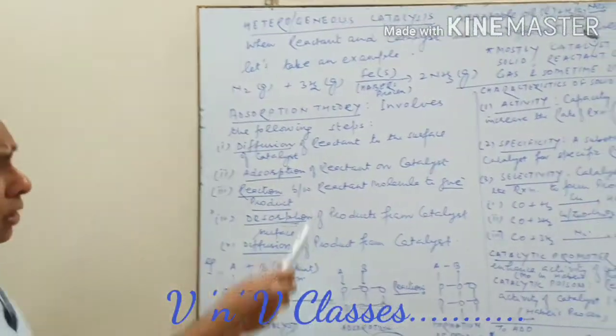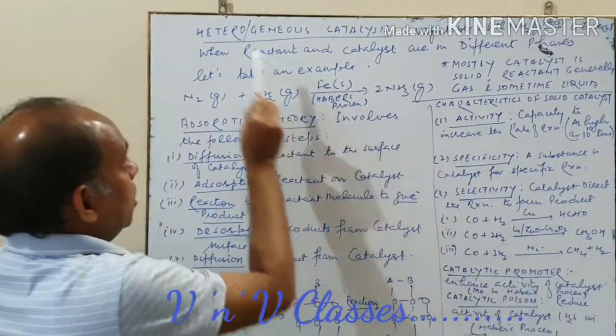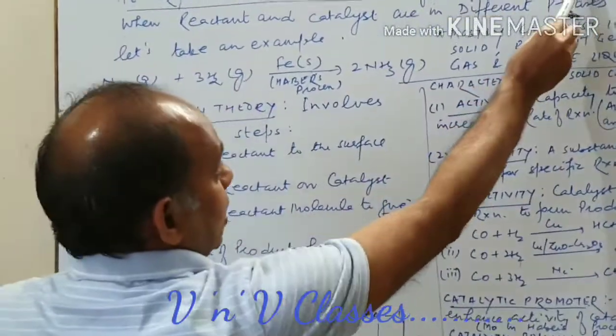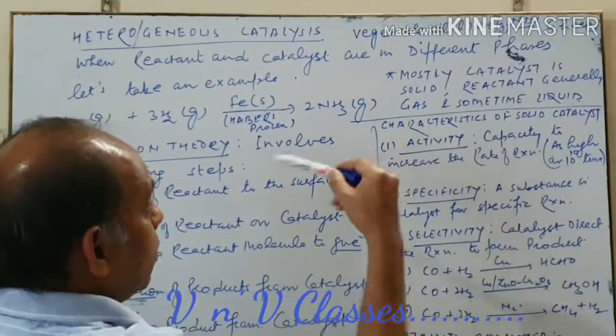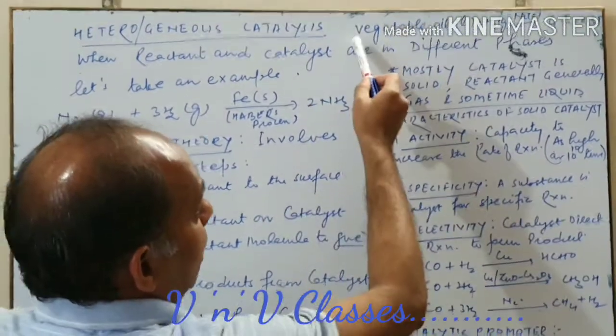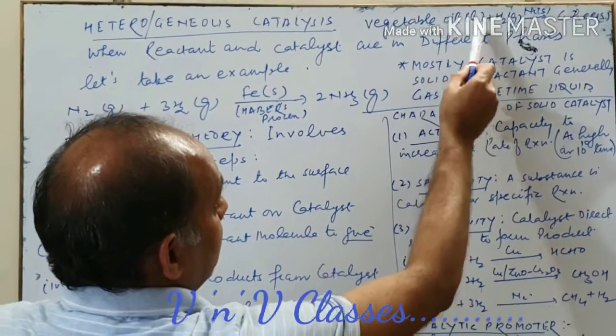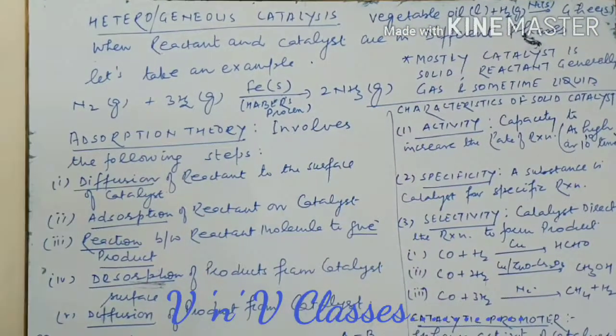So what I mean to say is, as I told you, the catalyst in heterogeneous catalysis is generally solid, reactants mostly gases, but sometimes they can be liquid also. Like in this hydrogenation of vegetable oil, one of the reactants is in liquid form.